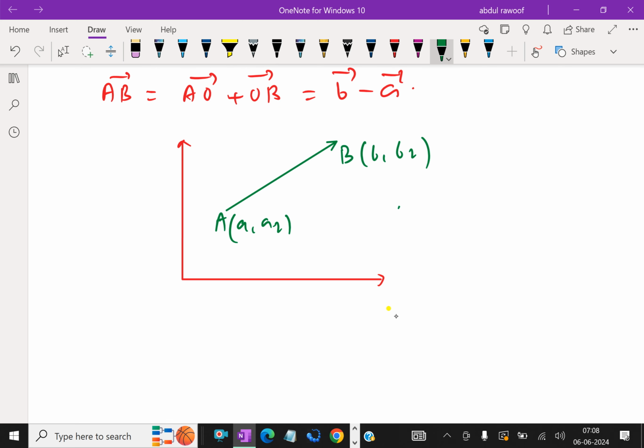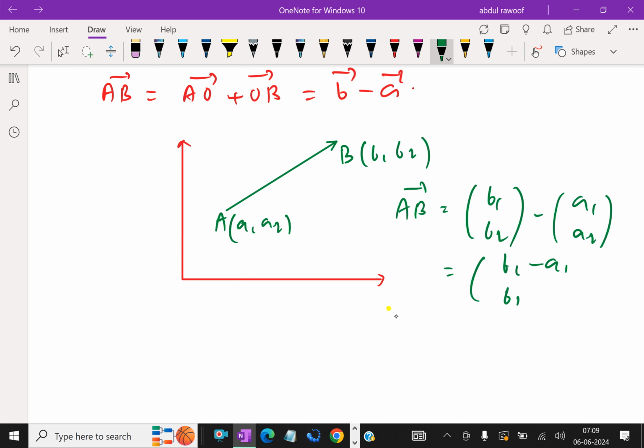Then vector AB is B1, B2 minus A1, A2, which is further equal to B1 minus A1, B2 minus A2. This is the vector form.